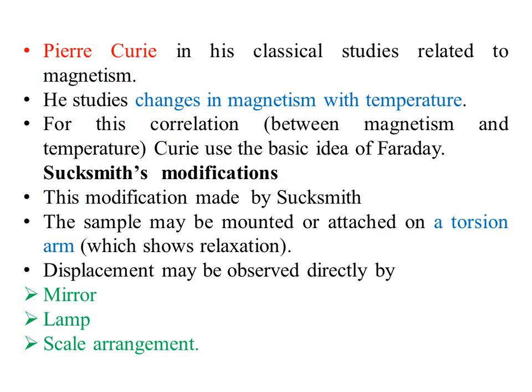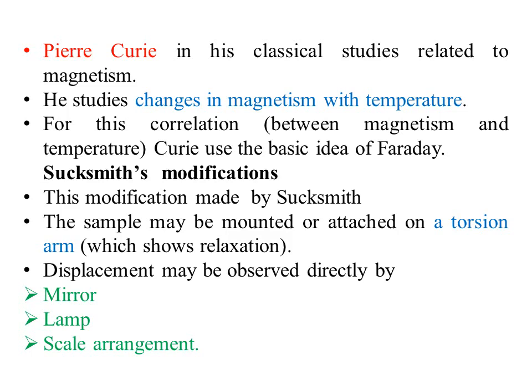This method was conveniently used by Pierre Curie in his classical studies related to magnetism. He studied changes in magnetism with temperature. For his correlation between magnetism and temperature, Curie used the basic idea of Faraday's method.